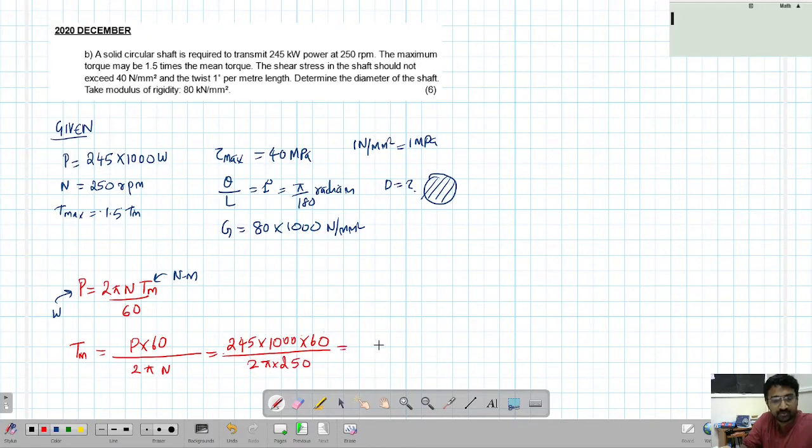So let's just calculate this very fast. 245 times 1000 times 60 divided by 2 times pi times 250. So this is 9358 Newton meter. This is the mean torque.